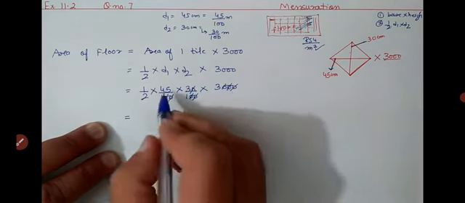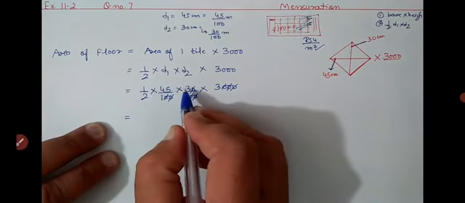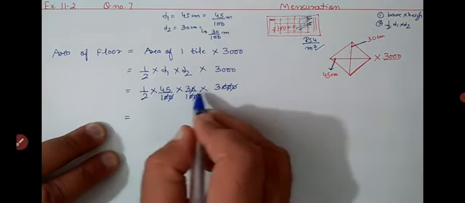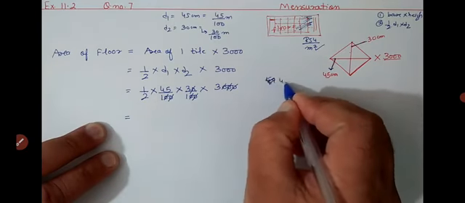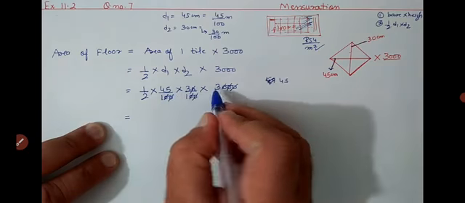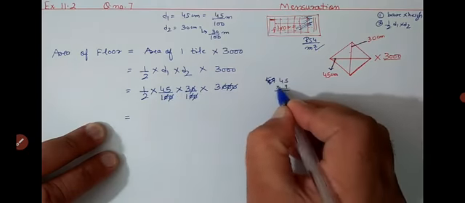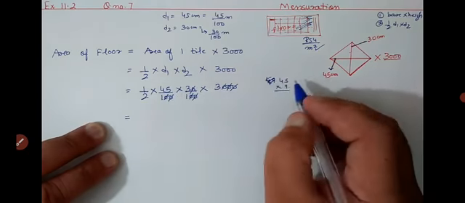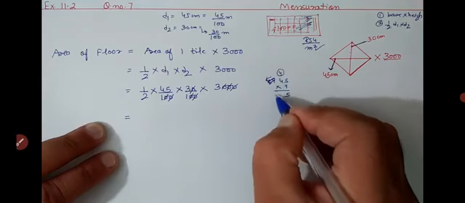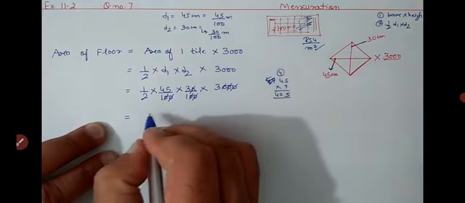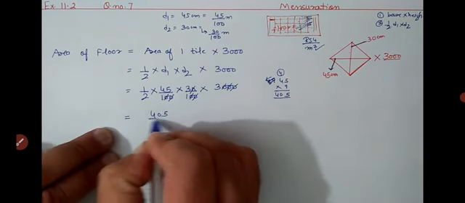Now we have to multiply 45 into 3 into 3, 45 into 9. 9 5 जा 45, 4 कैरी आउट हुआ, 9 4 जा 36 प्लस 4 40, तो 405/2.